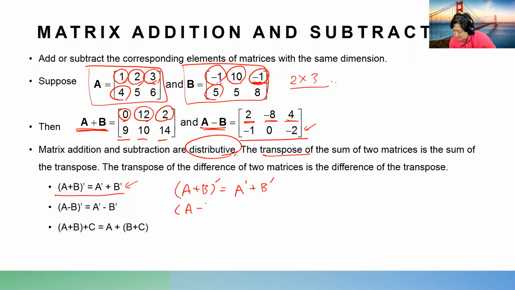Or A minus B matrix and transpose, it is A transpose minus B transpose. Also, this relationship is satisfied, so you can get A plus B plus C matrices. Okay, this is the basic characteristics of a matrix.